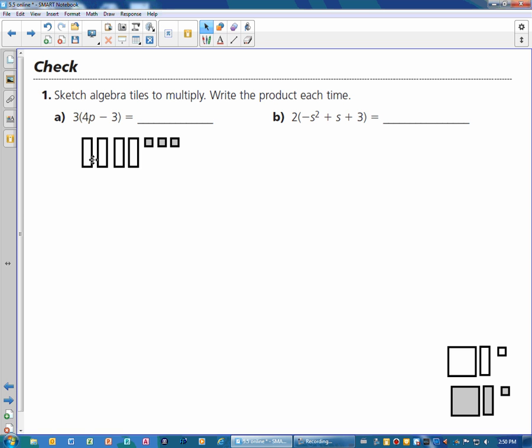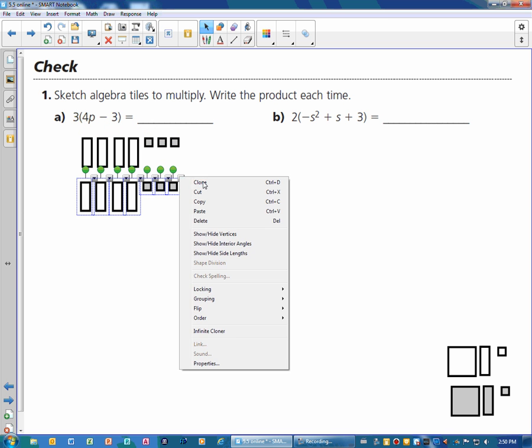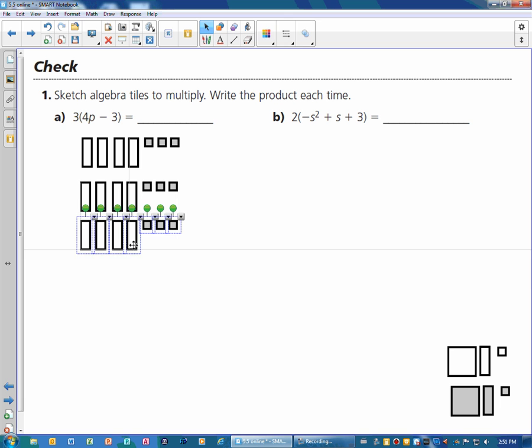So there we have 4p minus 3, and we need 3 sets of them, just like the last example we did. Okay, so that's how you would model. With algebra tiles, the answer is 12p minus 9. Okay, so 12 p's minus 9.